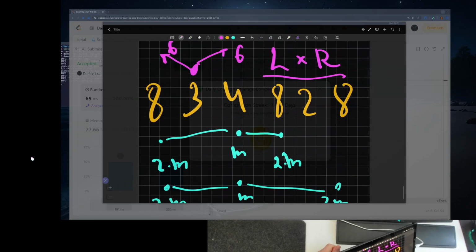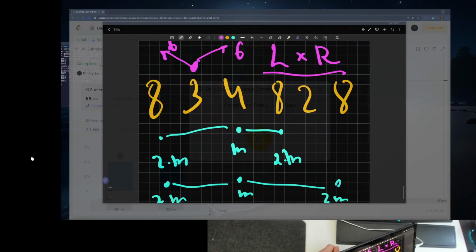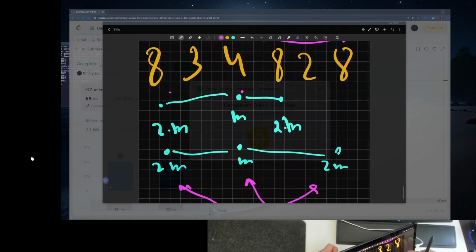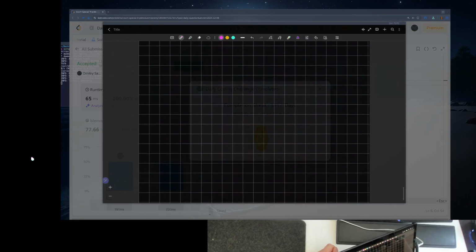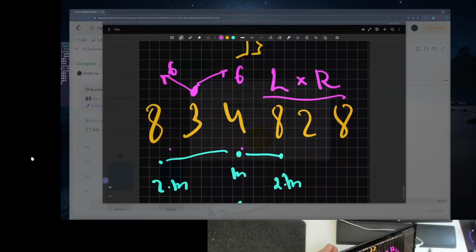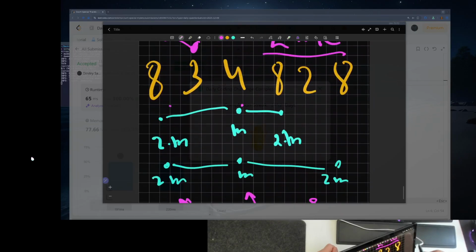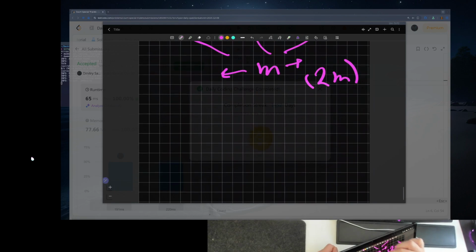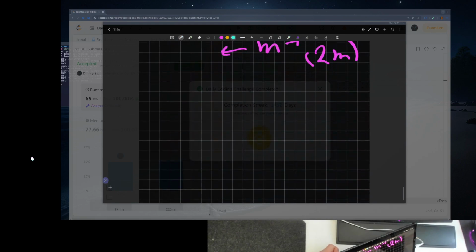So it simplifies our problem to finding just the frequencies of the left and right. However, to find these frequencies, you have to think a little bit, and this is also not very hard.